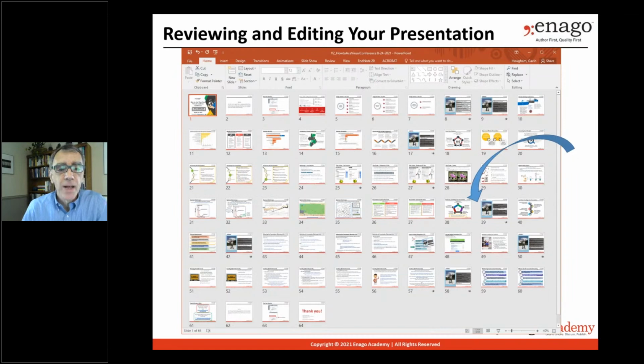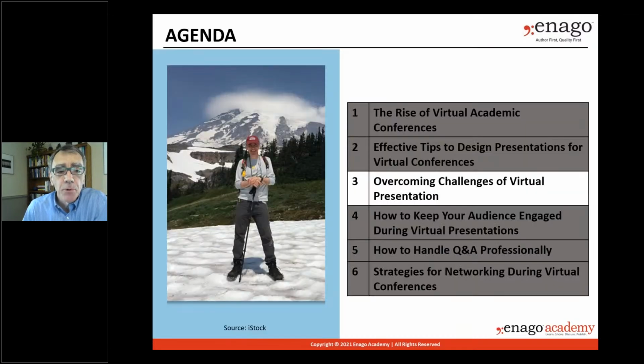So I realized that I needed to have a slide talking about the forest and trees problem when I was looking at my deck, and so I inserted it here, and now the deck is one slide longer because I wanted to remind you all of this forest and trees problem. So just a couple slides on overcoming the challenges of when you're about to present.